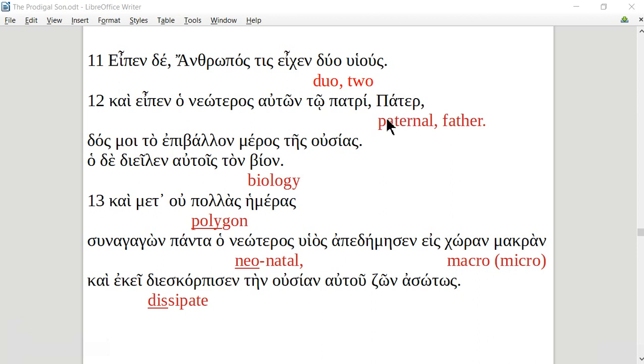Paternal, which is borrowed straight from Greek and Latin. That's why it appears in the same form. But father is again a cousin word to pater. So this word comes by just directly borrowing the Greek word, and this word resembles it.